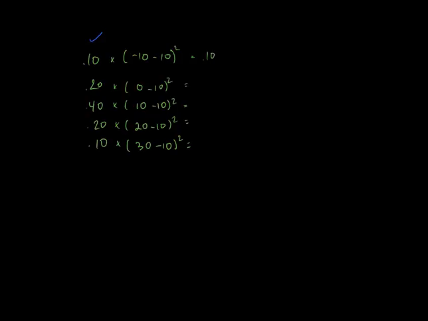So 0.10 times, well, let's see, 10 minus 10, that's a negative 20, as I said before, squared. 0.20 times 0 minus 10, well, what is that? Negative 10 squared. Whoops, that's a parentheses there. And we've got a 0.4 times, well, let's see, 10 minus 10, what's that?